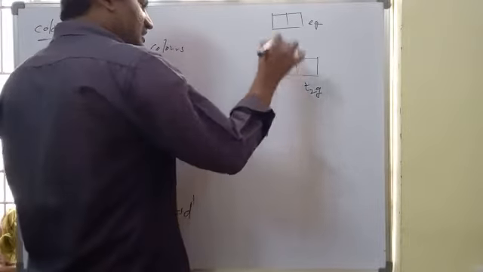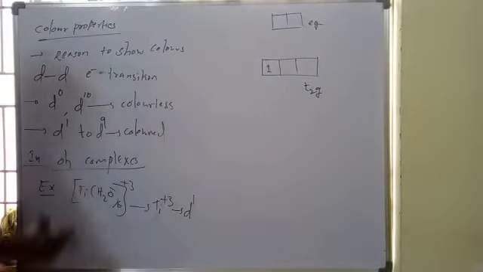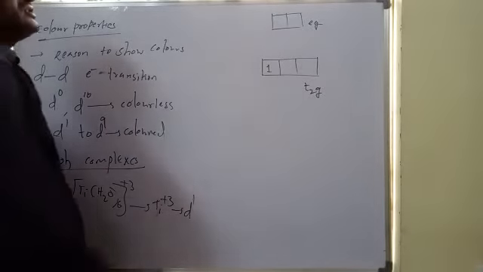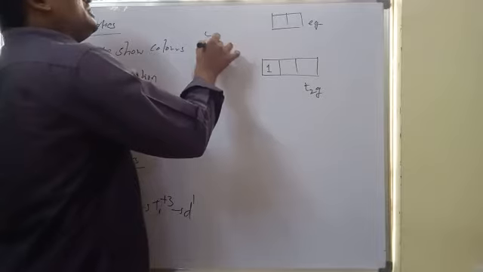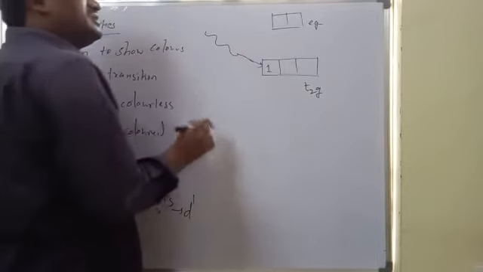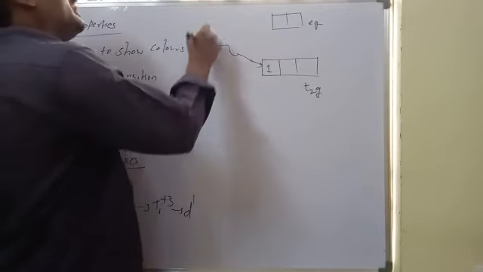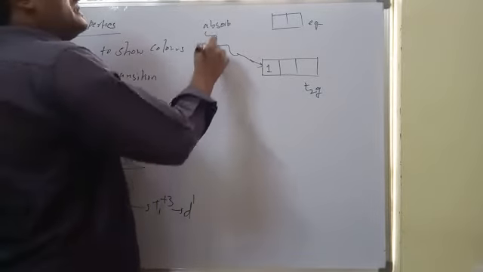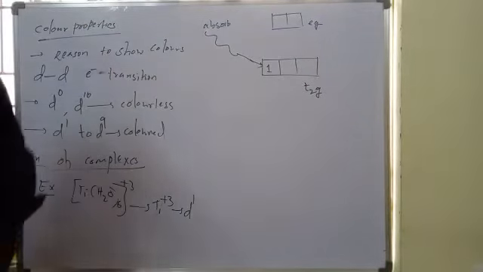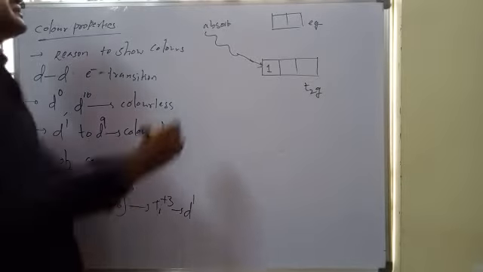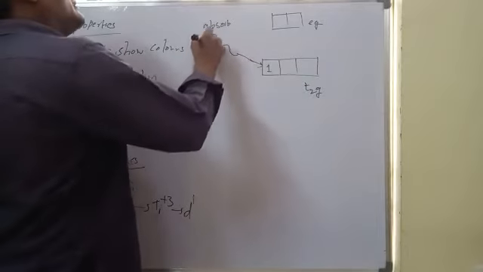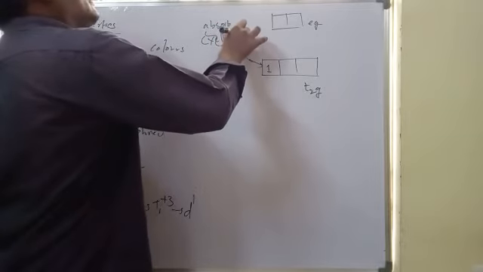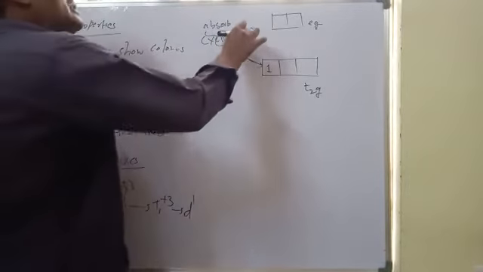One electron is present for the d1 configuration, which can absorb a particular amount of energy in the visible region, that is the yellow-green region. It can absorb yellow-green light.